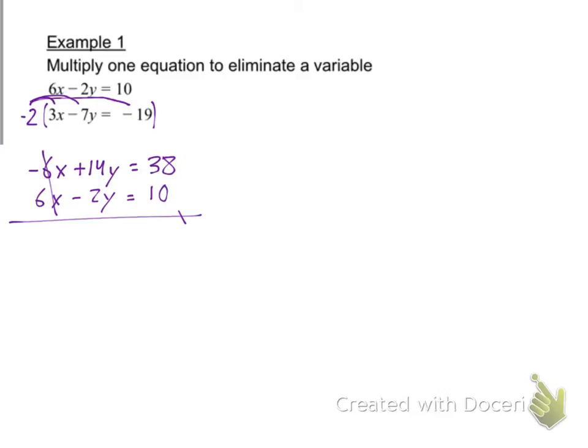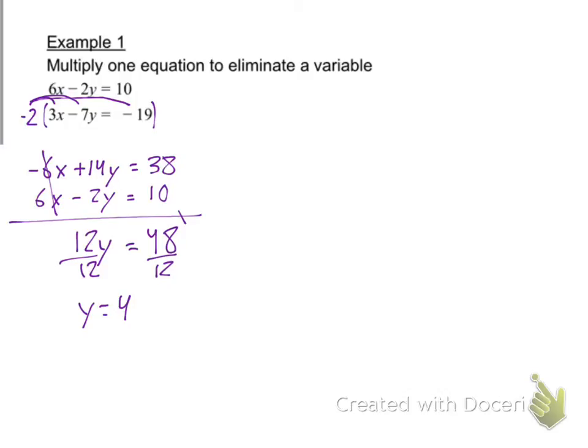What's 14y plus a -2y? 12y equals 48. Divide by 12. y is equal to 4. Right, not behind y, but in 4y. So now this is exactly what you guys did yesterday.